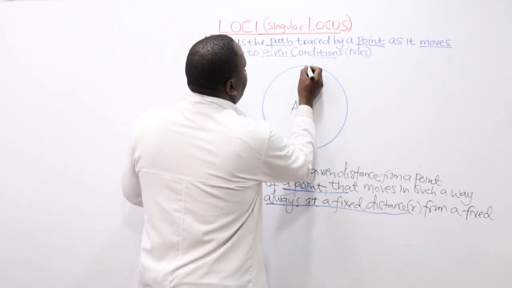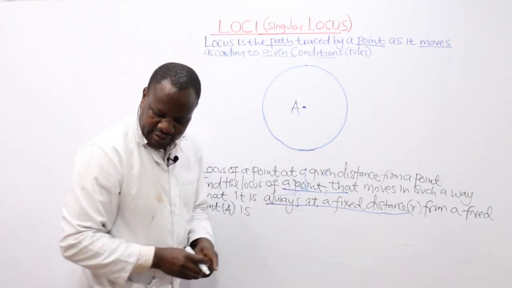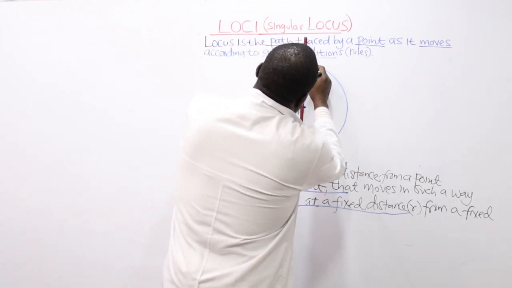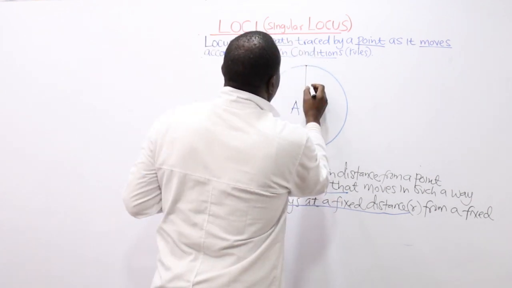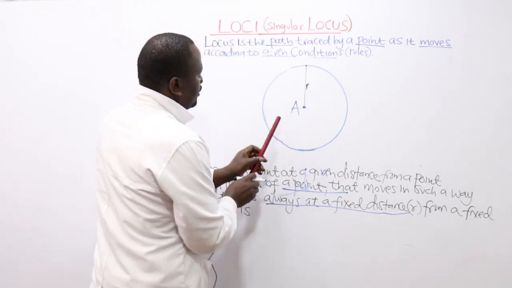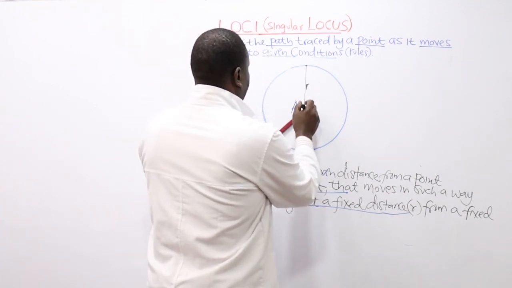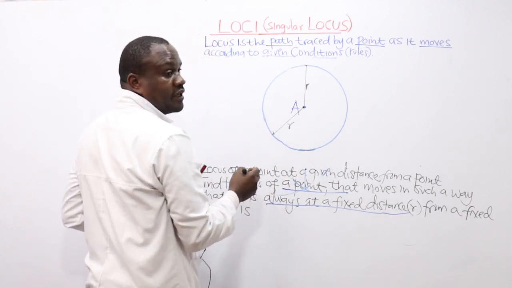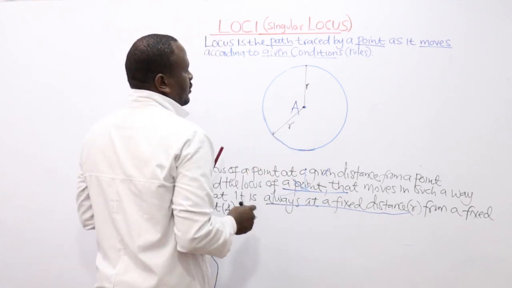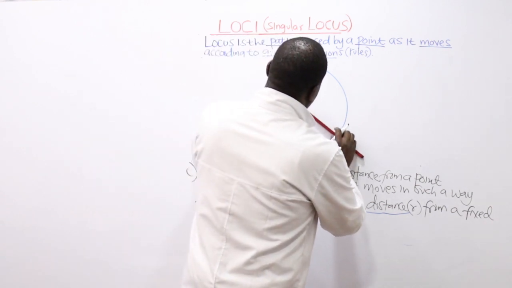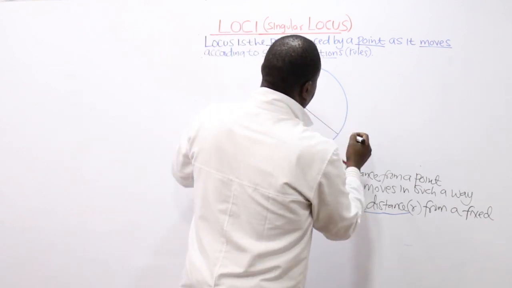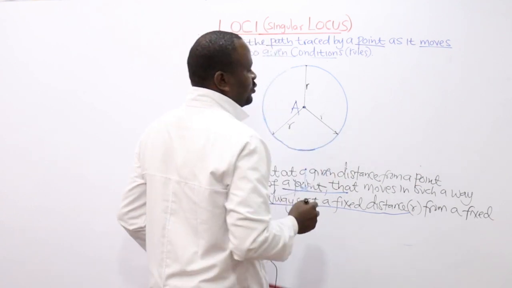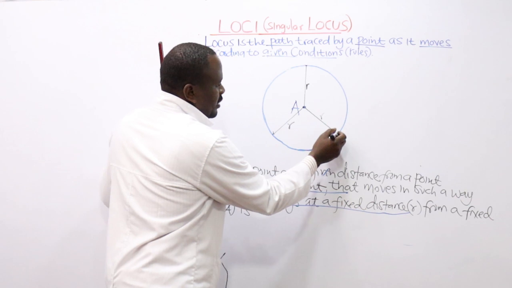It could be here. The radius will be the same. Or it could be here. The radius is the same. Or it could be anywhere like there. The distance will be the same from here to here.